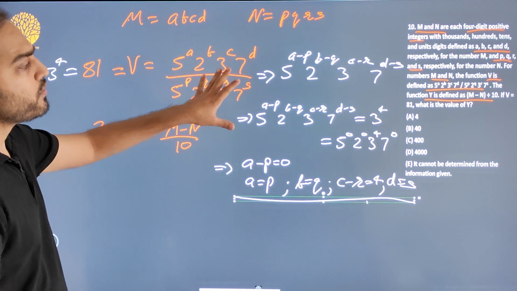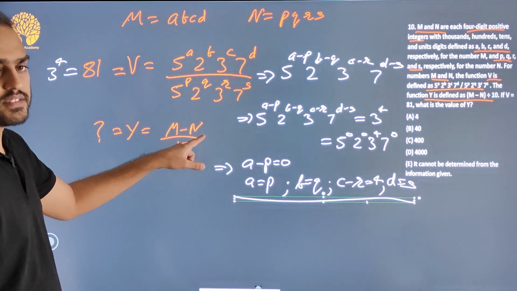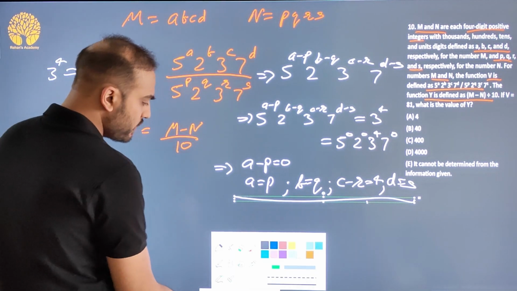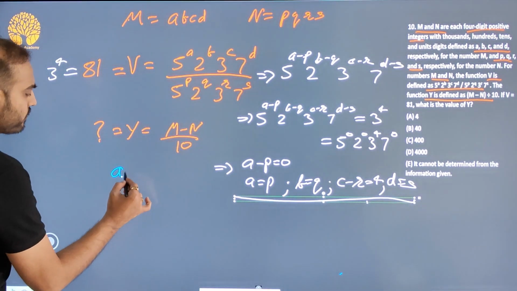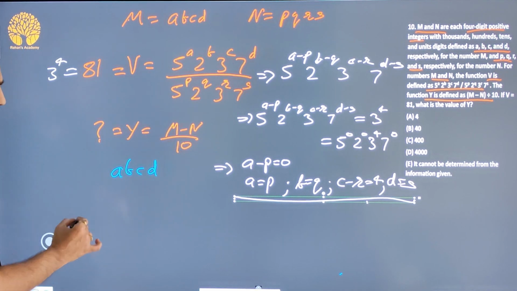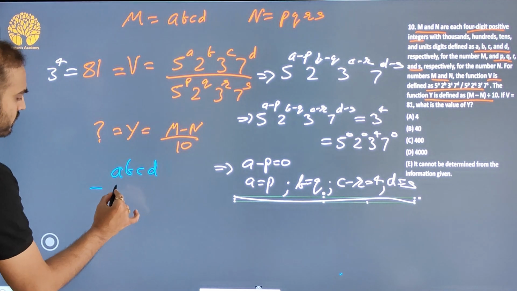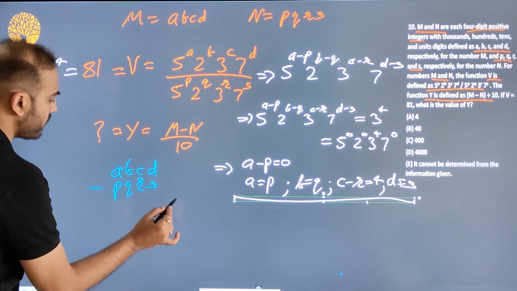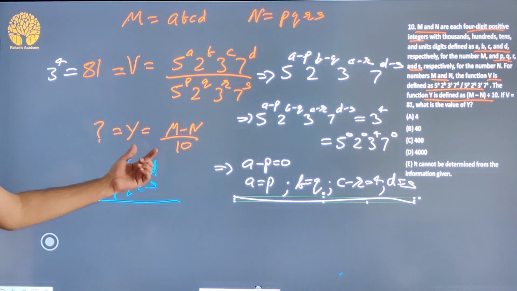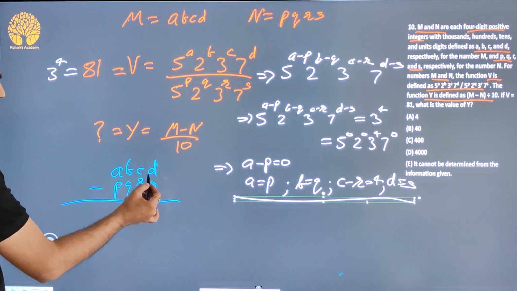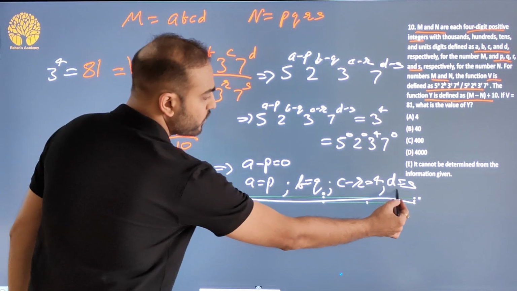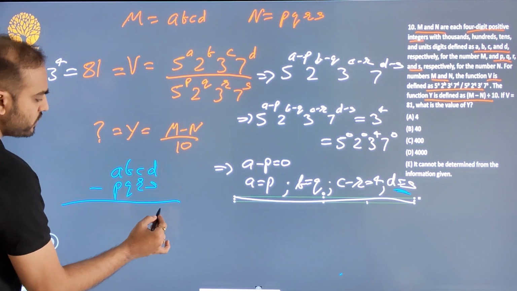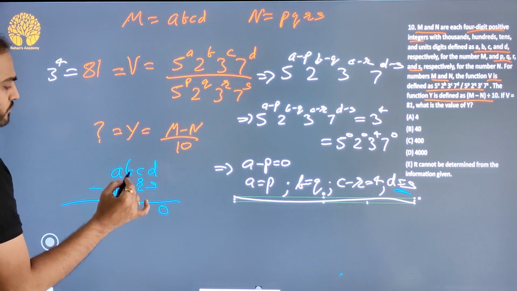Now what do they want? Y. Y is M minus N. So let me do M minus N. M is a 4-digit number A, B, C, D minus N, 4-digit number P, Q, R, S. I'd simply do the subtraction. D minus S, I know D and S are equal, so 0.